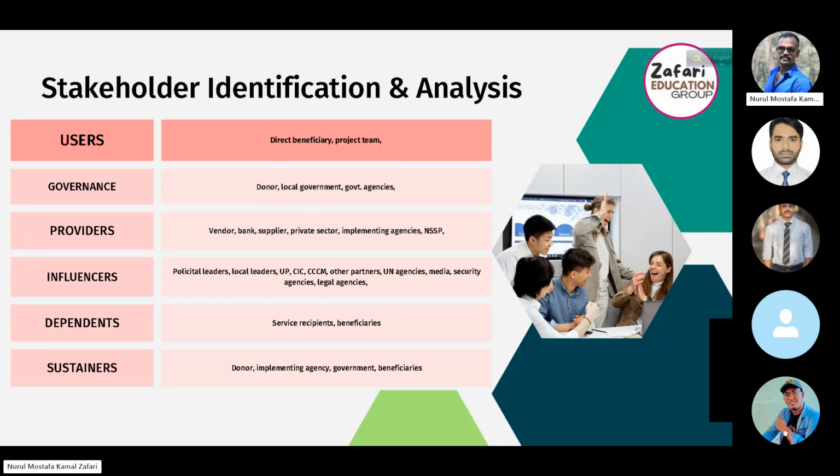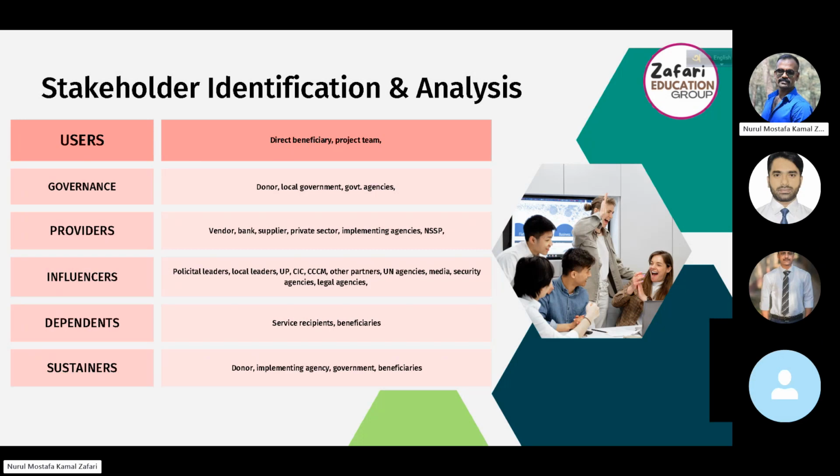We see influencers like political leaders, local leaders, local elected representatives, UN agencies, media, security agencies, and legal agencies, as their decisions influence our project decisions in different stages and in different manners. We also see dependents like service recipients and beneficiaries. Sometimes they are also dependent on the project.